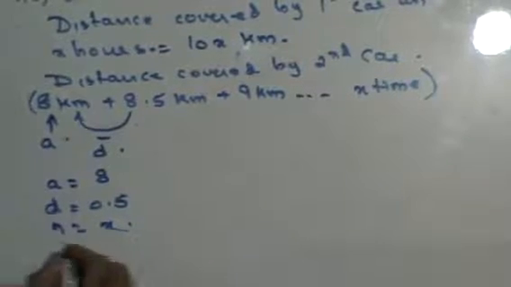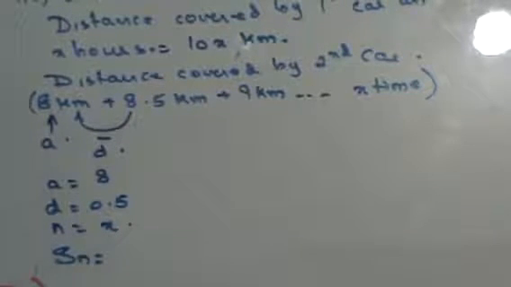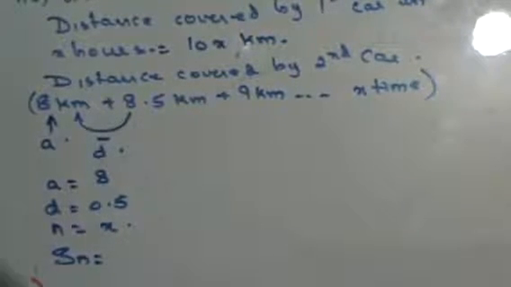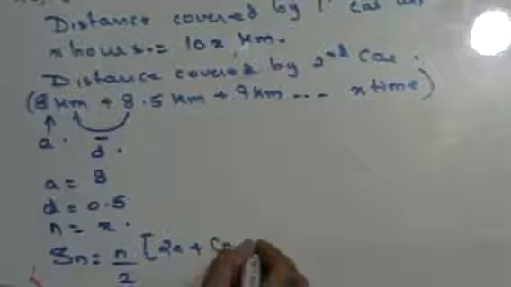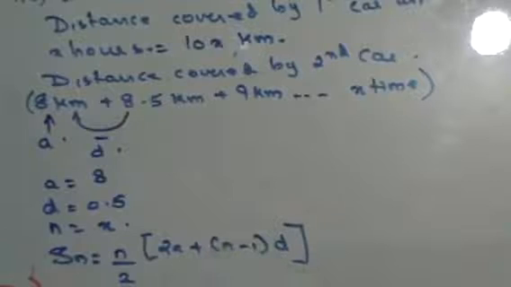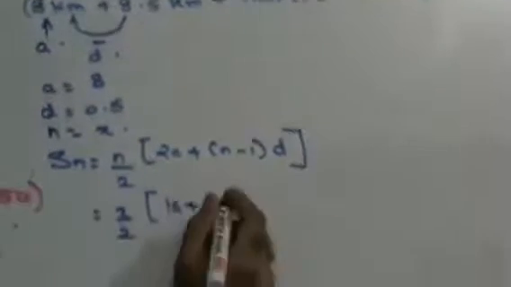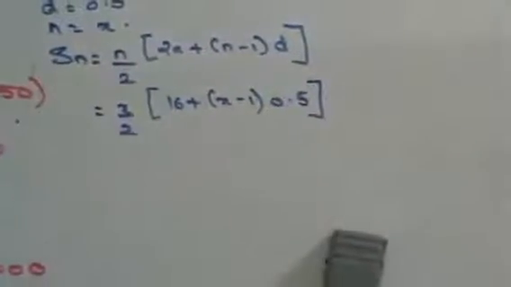In that case, the sum of all these numbers, Sn, is given by the formula n by 2 into 2a plus n minus 1 into d. That is the formula for arithmetic progression when the numbers are to be added. So this will be x by 2 into 16 plus x minus 1 into 0.5.